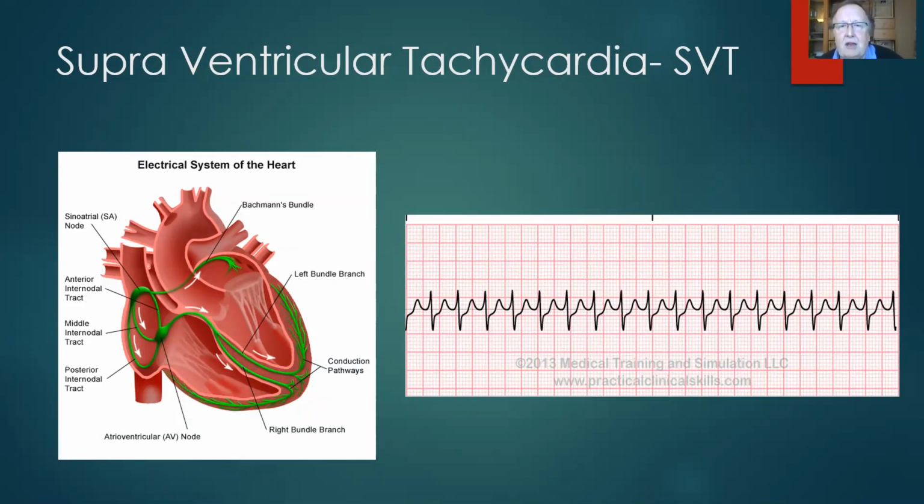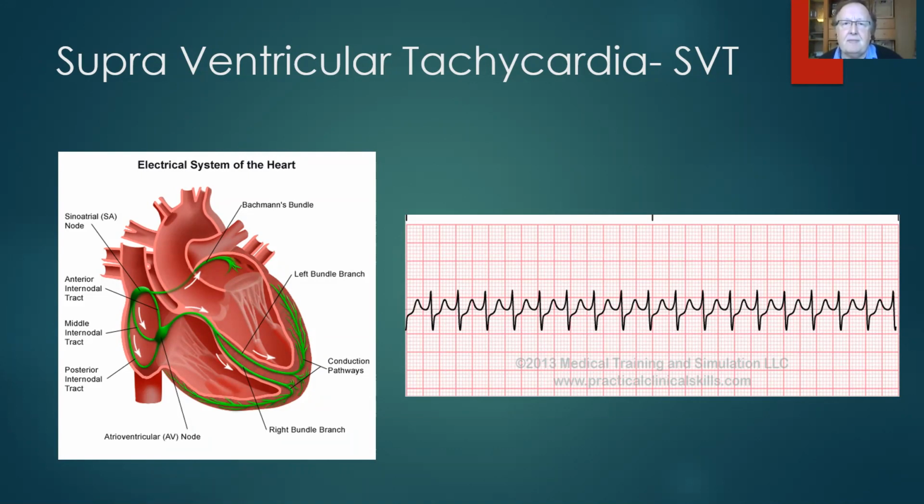Because we can see normal conductivity is occurring, we can happily say the atria are contracting, but we can't see them because they are buried underneath the T wave. So supraventricular tachycardia: normal QRS complexes is the clue for us there.